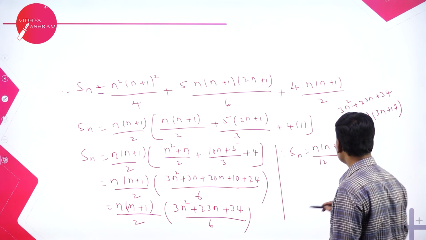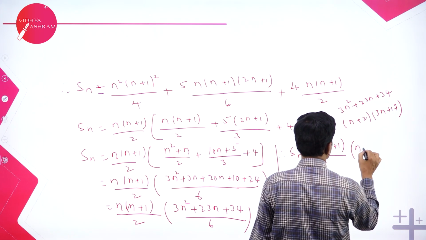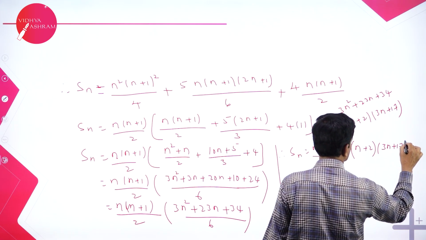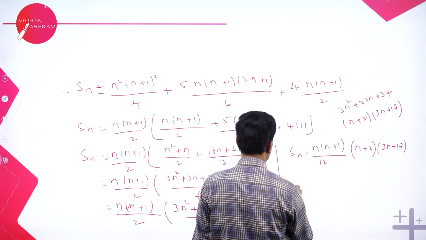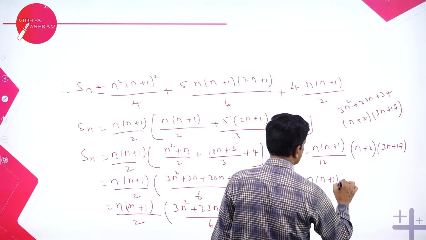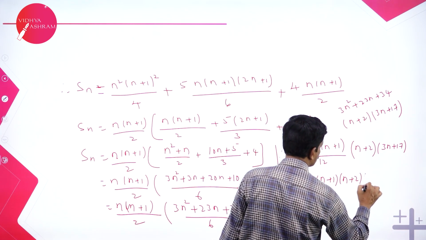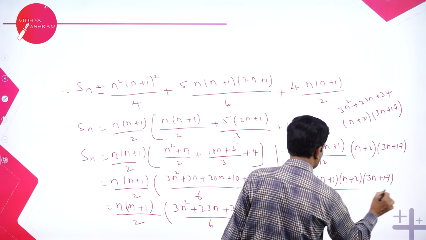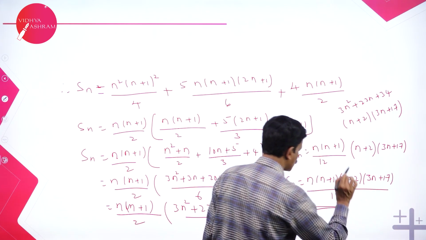That's it. So substitute here n plus 2 into 3n plus 17. So therefore the final answer: Sn is equal to n into n plus 1 into n plus 2 into 3n plus 17 divided by 12. This is the required answer.